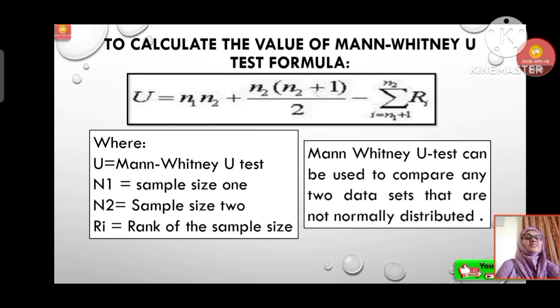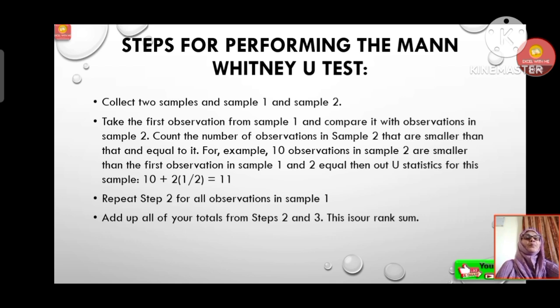Now, the steps for performing the Mann Whitney U-test, you can see here. Pause it. Collect two samples, sample 1 and sample 2. Take the first observation from sample 1 and compare it with the observations of sample 2. Count the number of observations in sample 2 that are smaller than or equal to it.